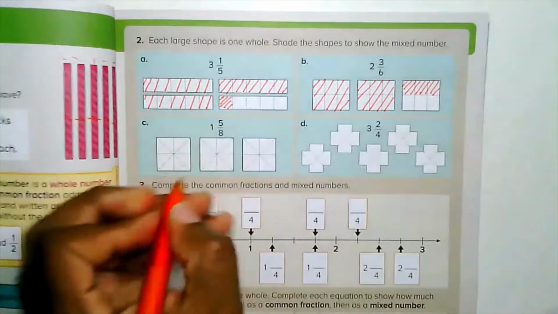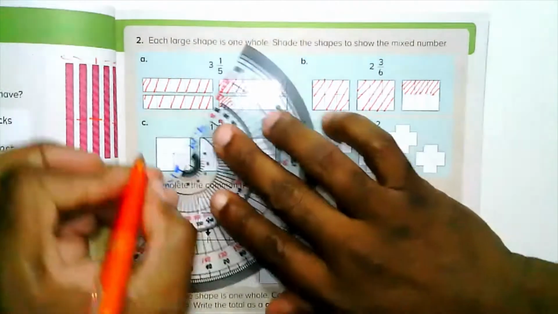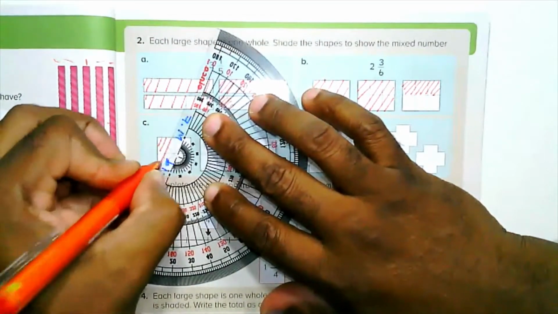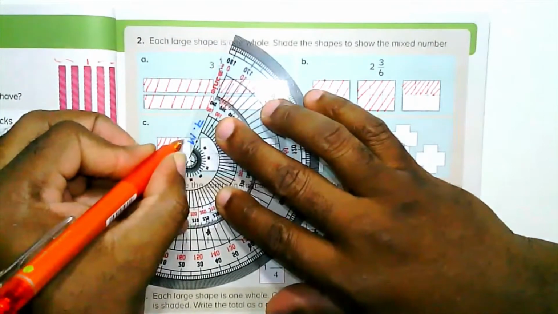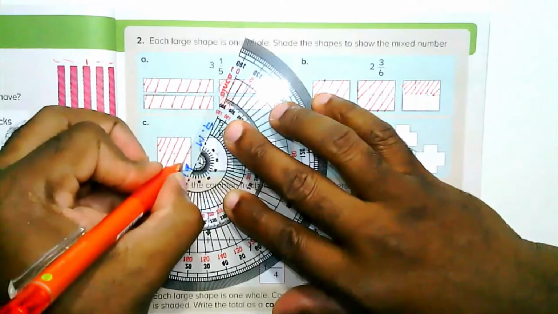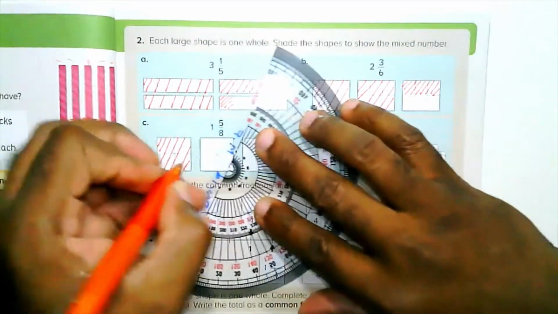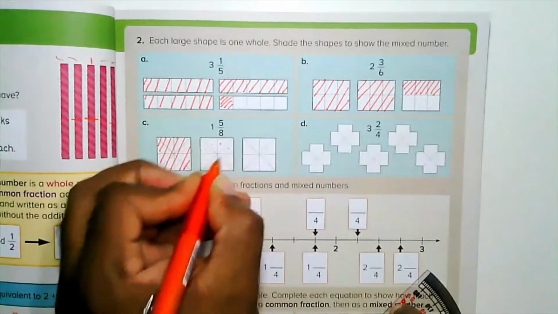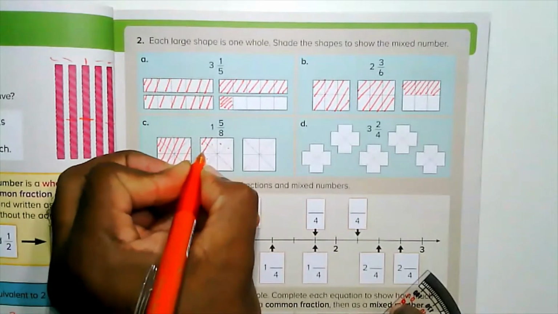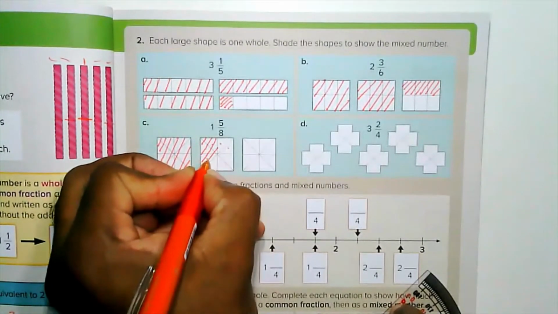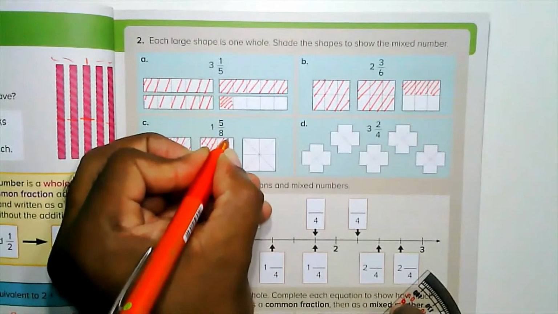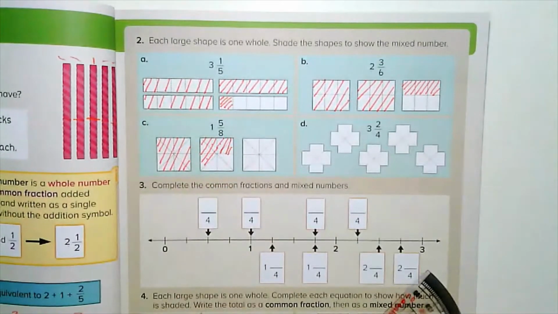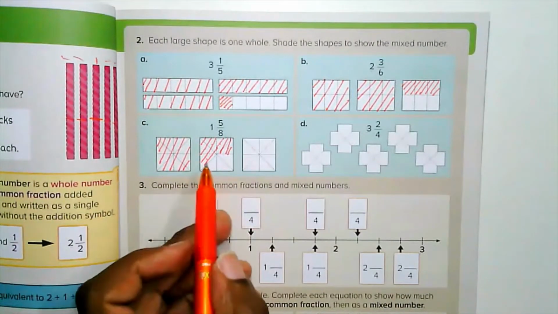Now part C, 1 whole. Then 5 of 8. So we have to shade 1, 2, 3, 4, 5. So 5 of 8.